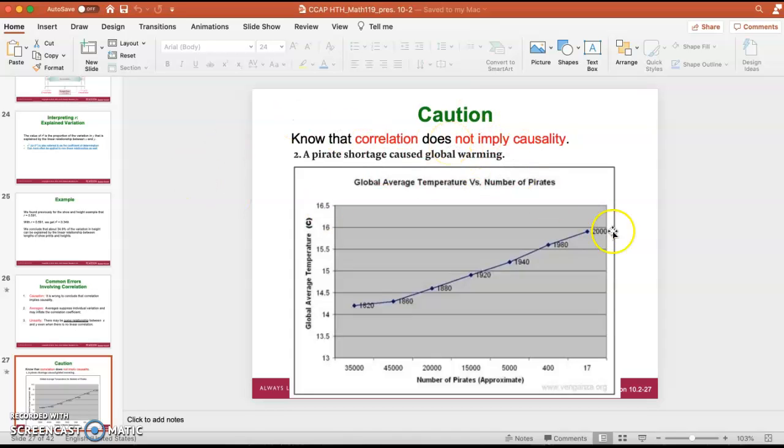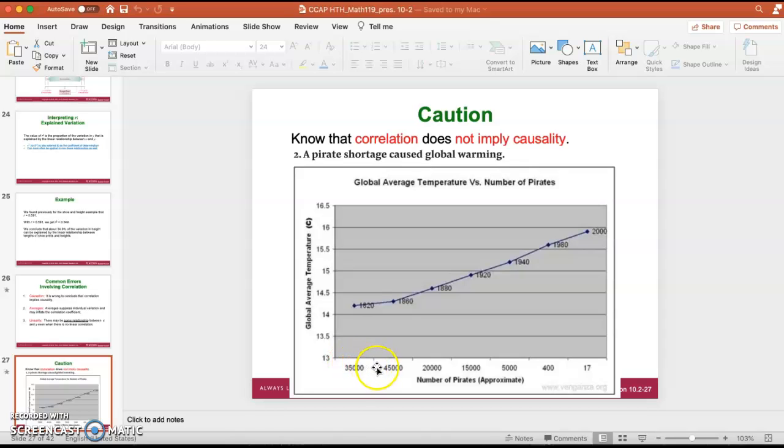And my favorite example of this is how the number of pirates apparently influences the global temperature. So then you could look at this and make a silly conclusion that the fewer pirates there are, the more global warming goes up. Because this graph is set up not the best, in my opinion.